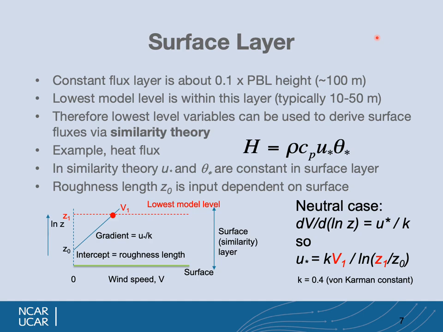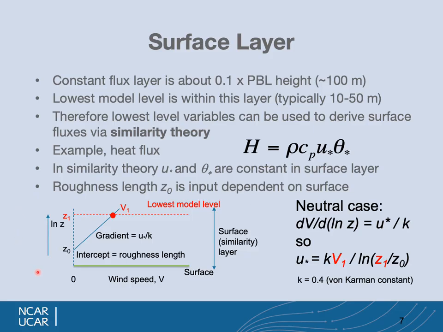So the lowest level variables can be used to derive the surface fluxes via similarity theory. The similarity theory is basically an assumption about the profile through the surface layer. An example is the heat flux, which is given by rho Cp u star theta star. In similarity theory, u star and theta star are constant in the surface layer. And there's a roughness length as well, which I'll come to later.